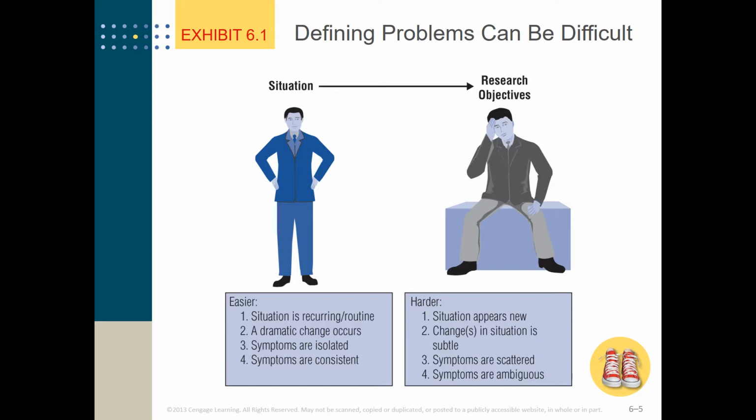So first of all, if the situations are recurring or it appears new. If you find a business situation that is recurring, that is routine, then defining a problem may be easier. Just think about pricing issues for different companies.